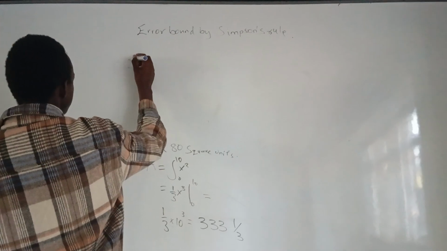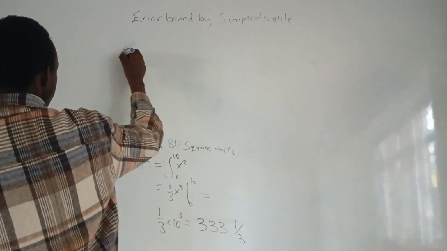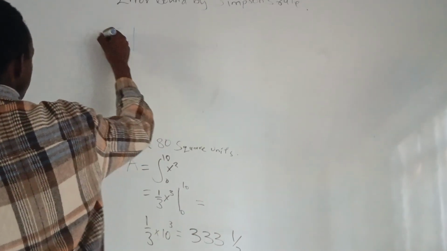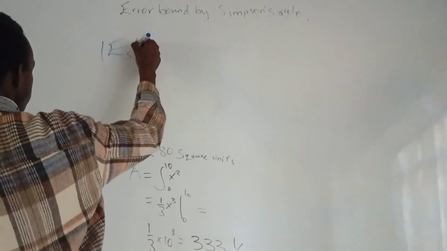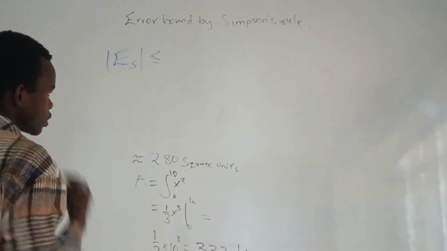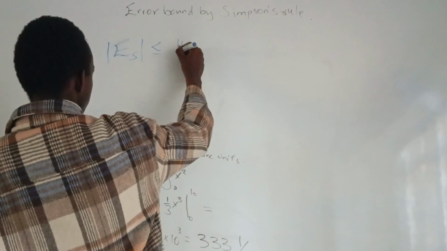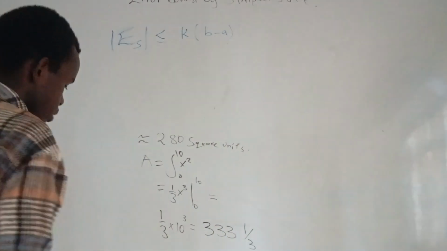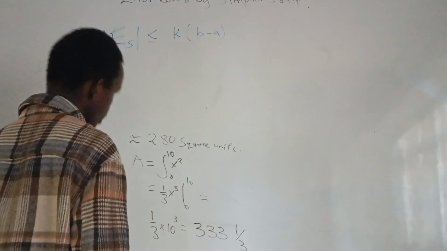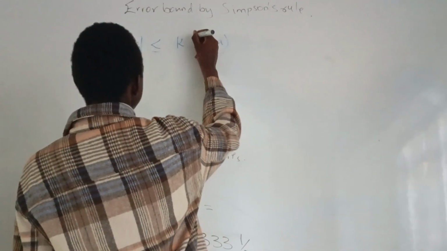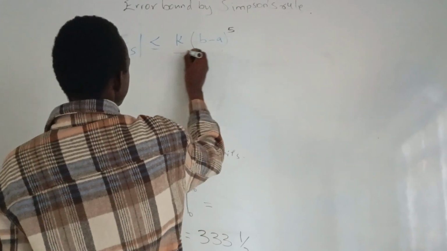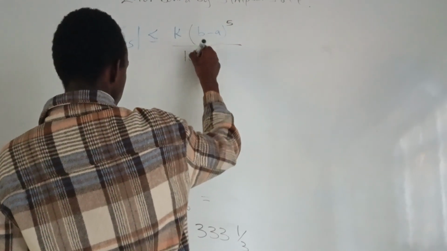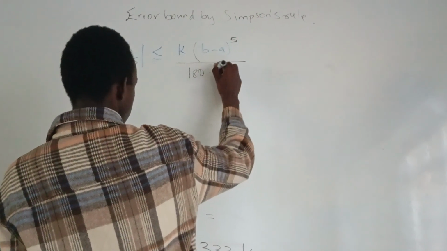It will be the error created by Simpson's rule, absolute value, less or equal to K, the same formula, K into (B minus A), but this time we raise it to the power 5 instead of power of 3, divided by 180 multiplied by n to the 4th.